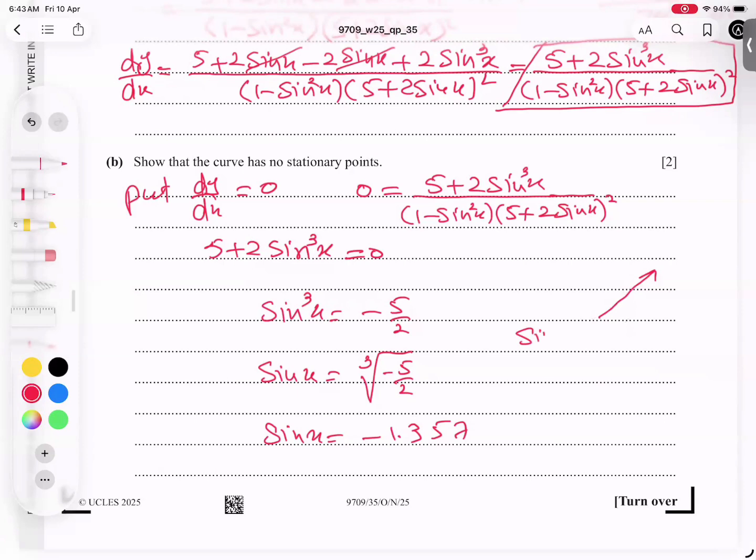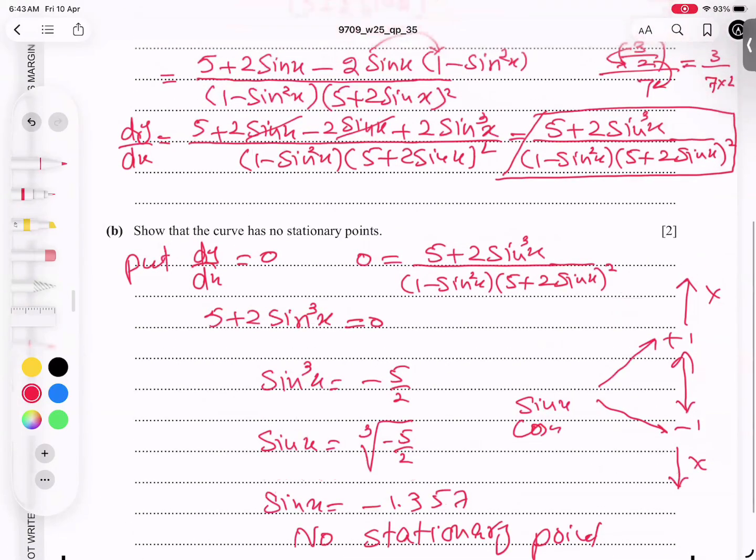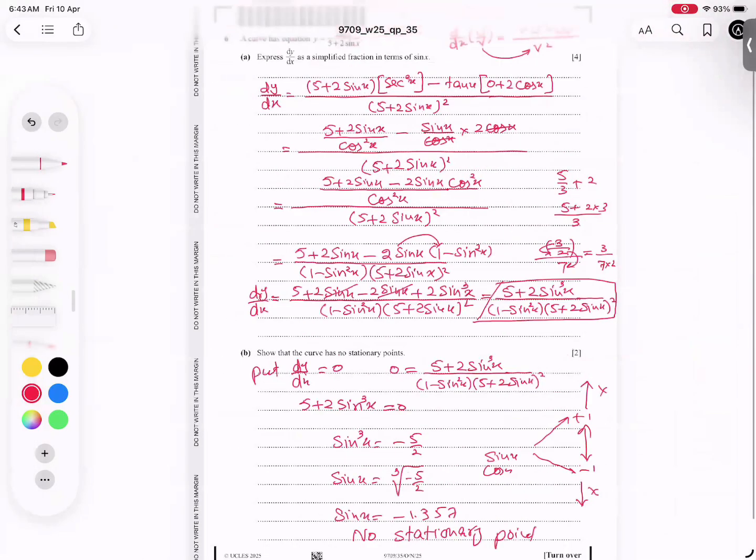So the highest for sine and cos is +1 and -1, and in the middle. But above, no possibility, and below, no possibility. That is why this is going below -1. So we can say here, no stationary point. I hope so. The concept of the question is completely clear and the question is completely over.